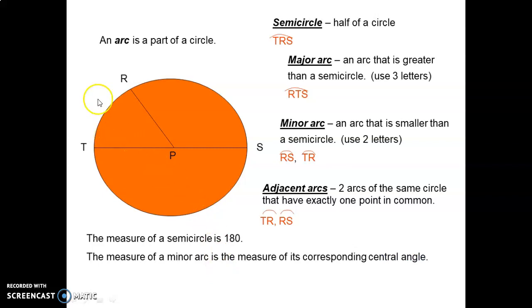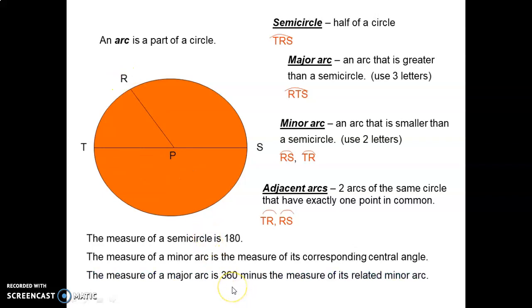All right, and so if you want to know the measurement of an arc, you just look at the angle that's inside of it. So like the measurement of arc RT would be the measurement of angle RPT. And to get the measurement of a major arc, you would take 360 minus the related minor arc. So if I wanted to figure out the measurement of RTS, I would take 360 minus the minor arc RS.